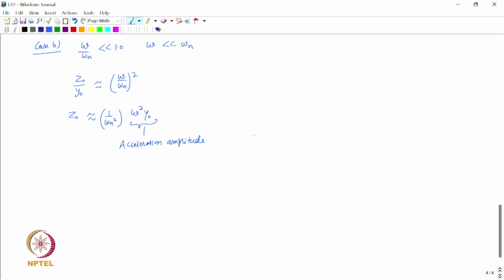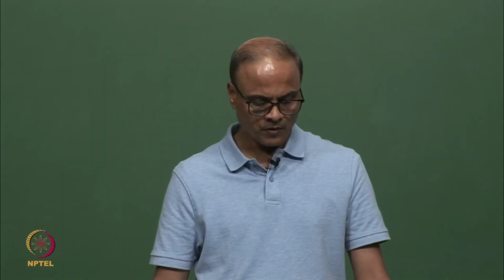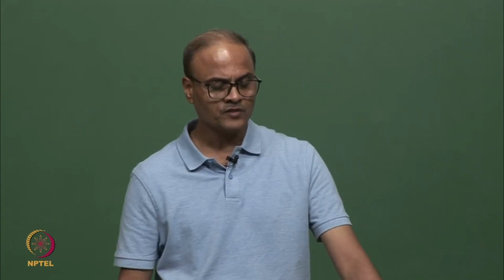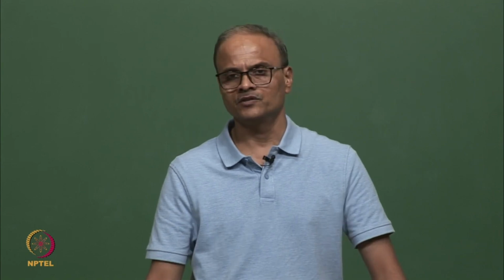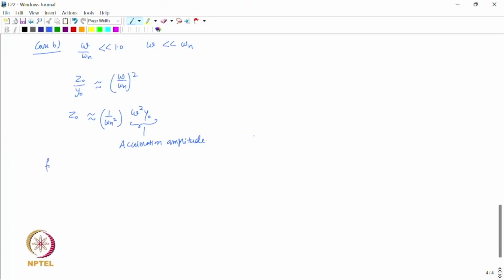So, if we measure the relative displacement of the seismic mass and scale it by omega n square, that gives us the estimate of the acceleration amplitude. Therefore, for this frequency range, omega upon omega n less than 1, the seismic pickup can be used as an accelerometer. It can be used for acceleration measurement.